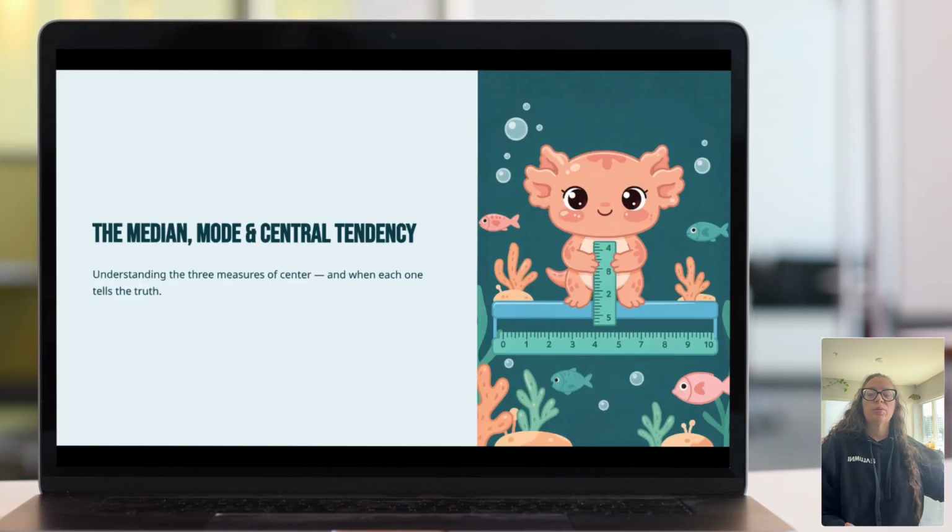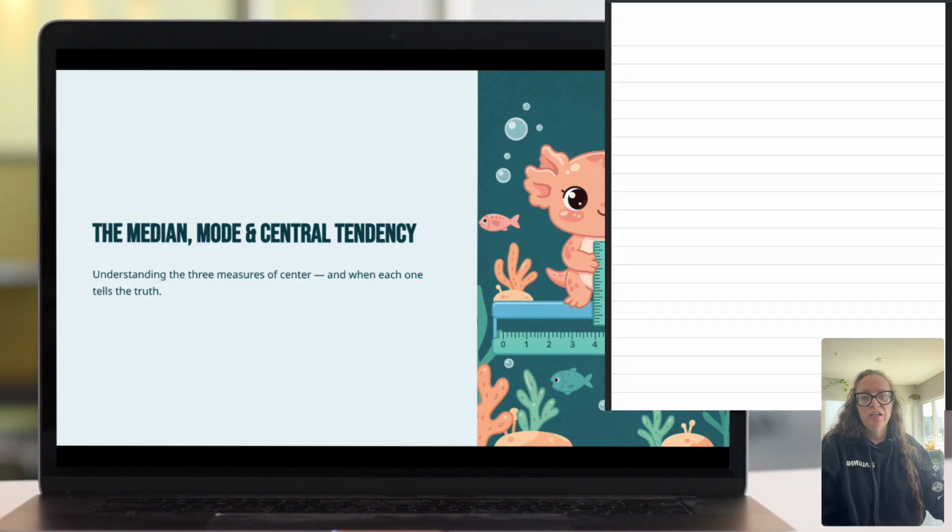Okay, so let's talk about how to calculate the median. To find the median, you have to follow these steps. Step 1 is arrange the values from lowest to highest. Step 2, find the position of the median, preferably using a formula. This formula makes it much easier to calculate. The median position is (n + 1) divided by 2, where n is the total number of values.